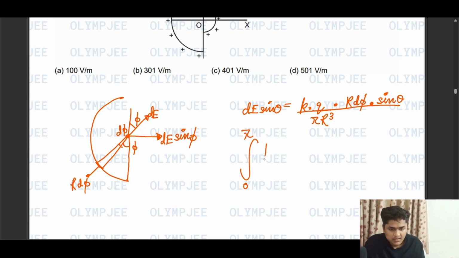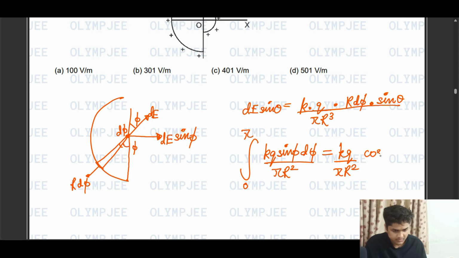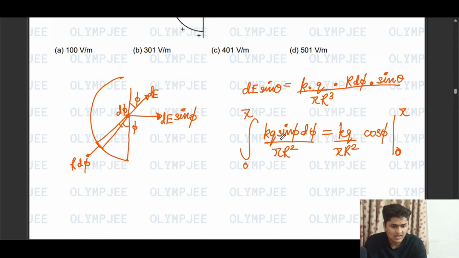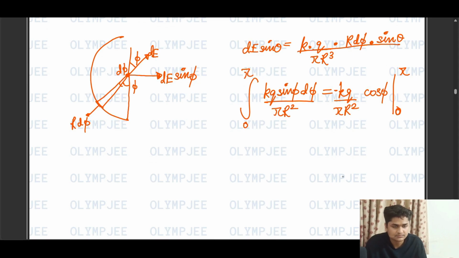So this will become kq sine phi d phi by pi r square, which will finally give us kq by pi r square, cos phi from 0 to pi, and there will be a minus sign also. So this will become kq by pi r square multiplied by 2.